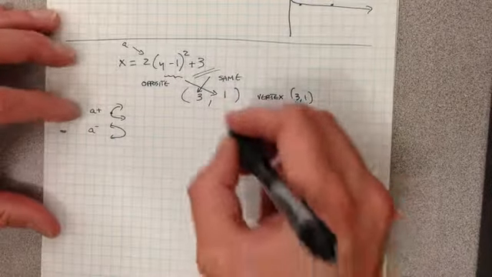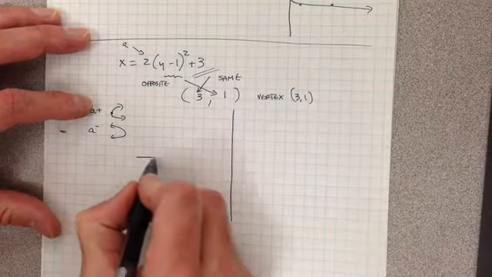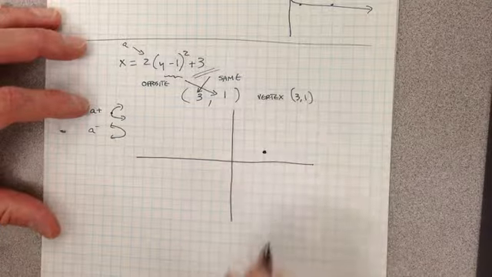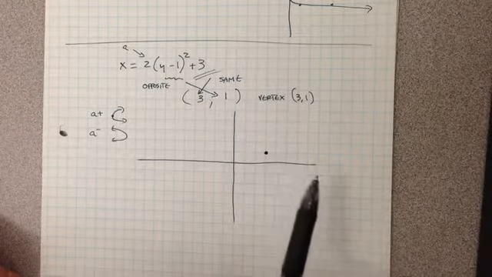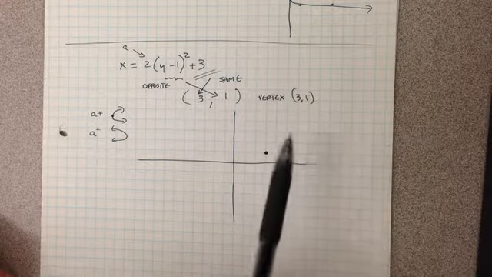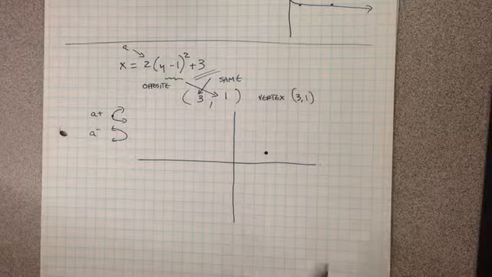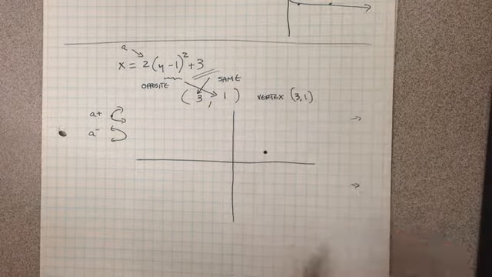So I'm looking at this. I have my vertex, which would be (3, 1). I take a look at my a value right there, which is positive, so my parabola will open up to the right. Now, if I know that it's opening up in this direction, just a little quick cheat sheet to myself.